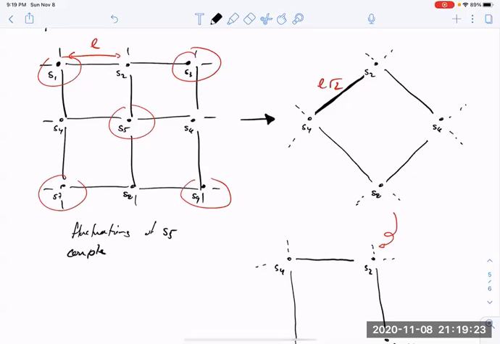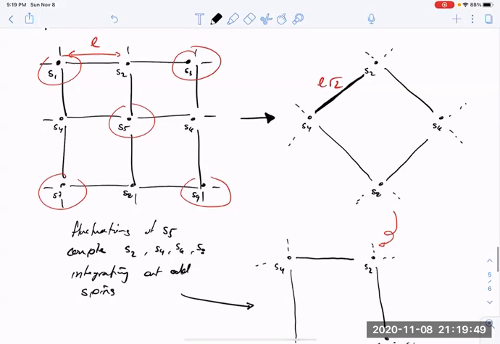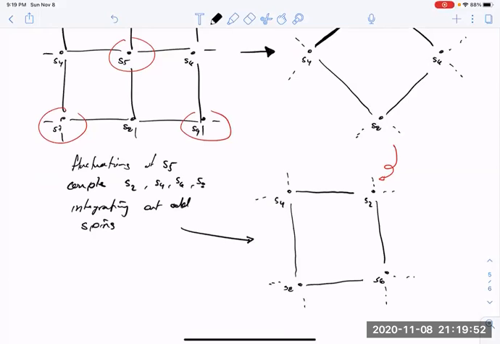And that spin 5 will then couple 2, 4, spin 6, and spin 8. And when we integrate those spins out, we get a square lattice back.